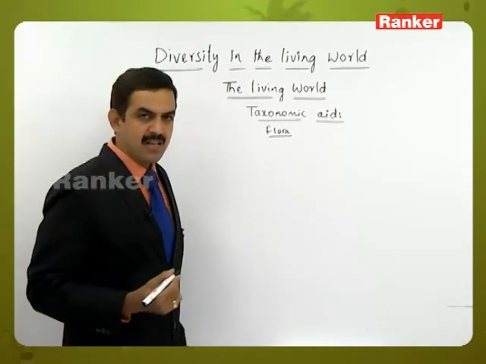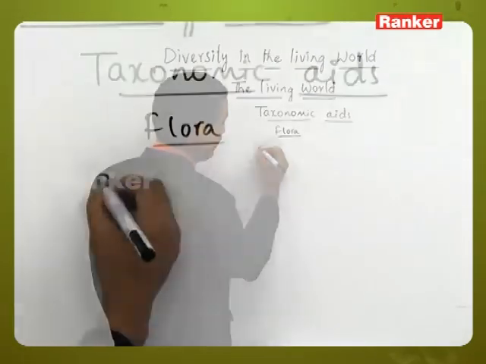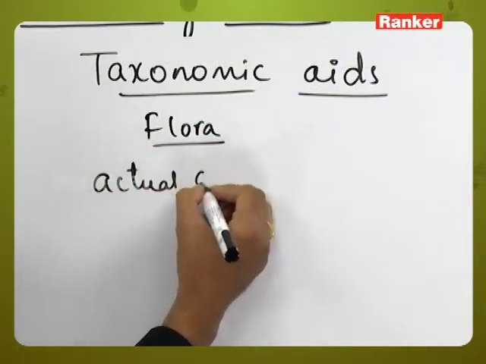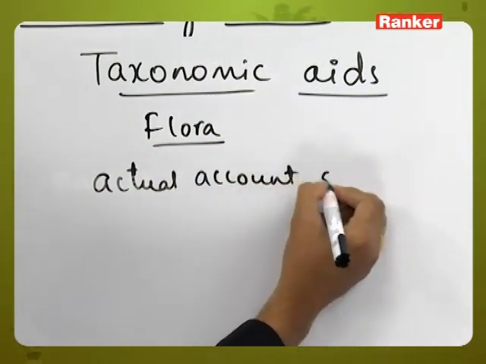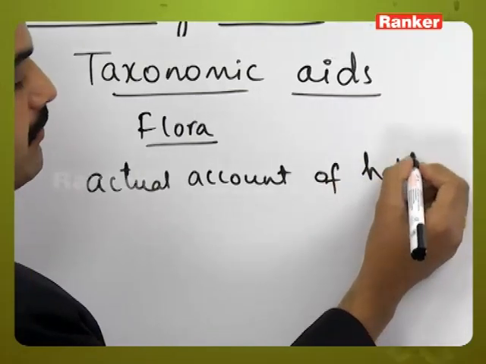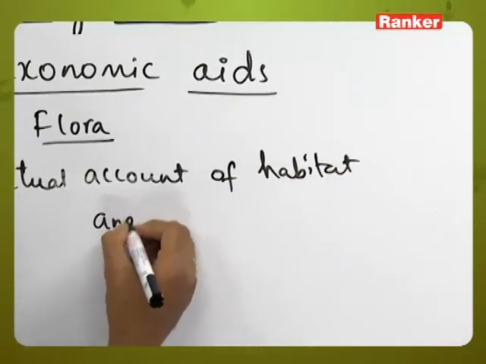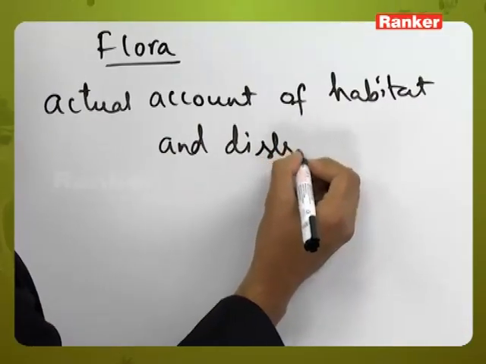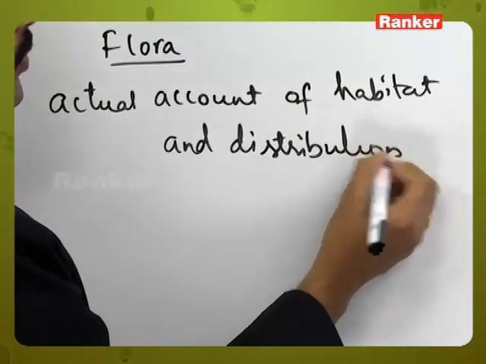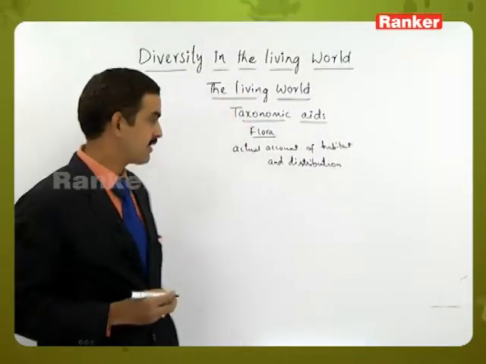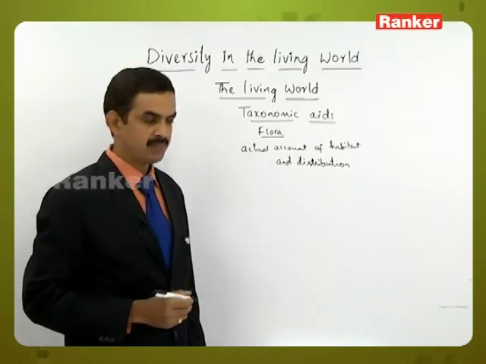When these characters have been identified, the flora will give the actual account of habitat and distribution of the plant species. So this is called a flora, which helps in identification of the plants.